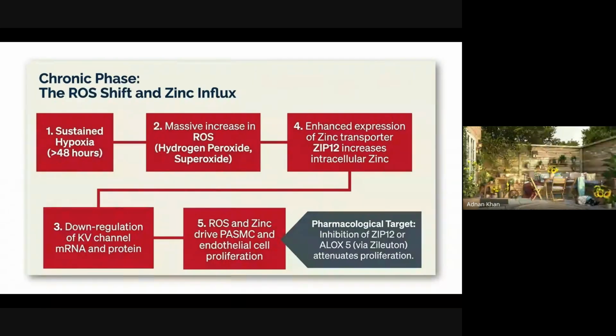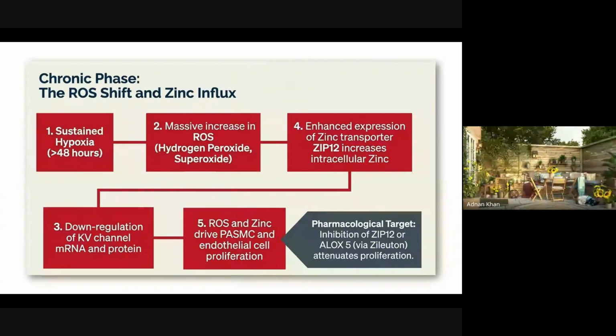But now we will discuss the chronic phase. After the acute phase, HPV is a protective reflex, as we know, but persistent hypoxia transforms it into a pathological process. After approximately 48 hours of sustained hypoxia, reactive oxygen species increase and suppress the expression of the oxygen-sensitive potassium channel, which leads to maintained smooth muscle depolarization and vasoconstriction.